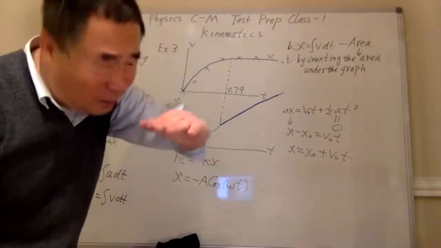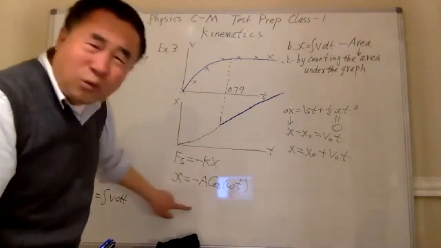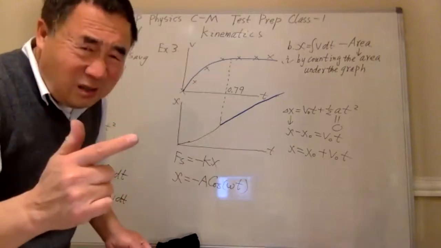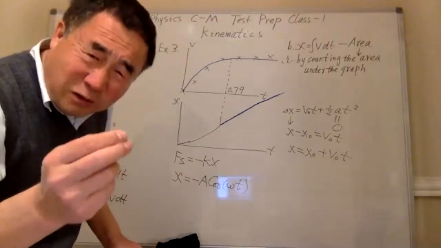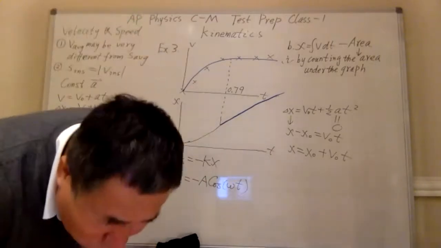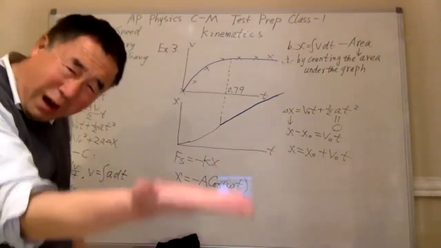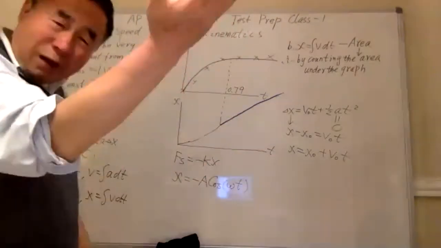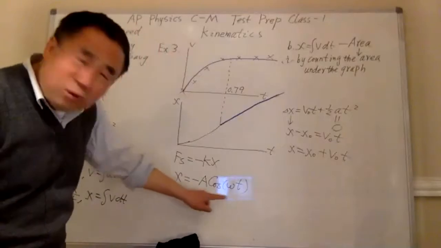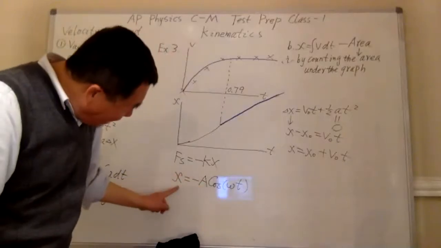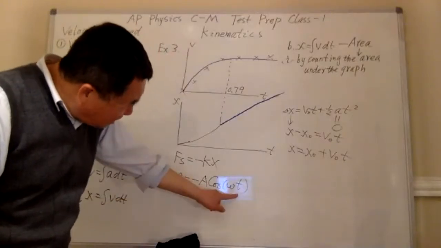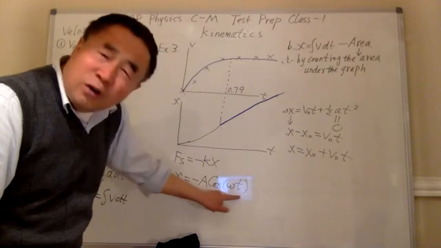Don't try to do that, because that is the general solution. You take the initial position like the marked x equal to 0. It doesn't matter why. They just shape the graph up. I just want to show you the curve. x with t equals negative a cosine omega t.